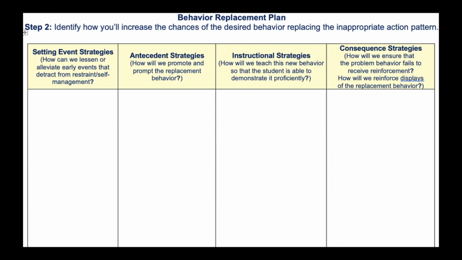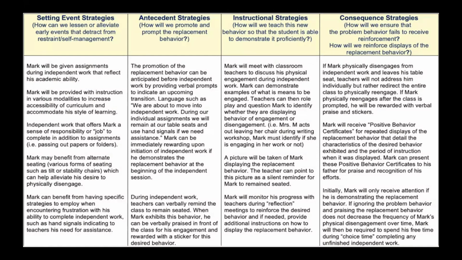Reinforcement is rewards that work. And so, yes, consequence actions. What can we do to promote more of the appropriate behavior? And perhaps we build in some negative consequences for showing the inappropriate behavior, so that the student sees the benefits of showing the new one.